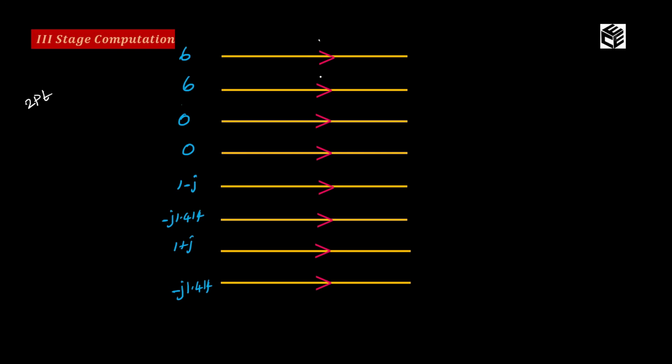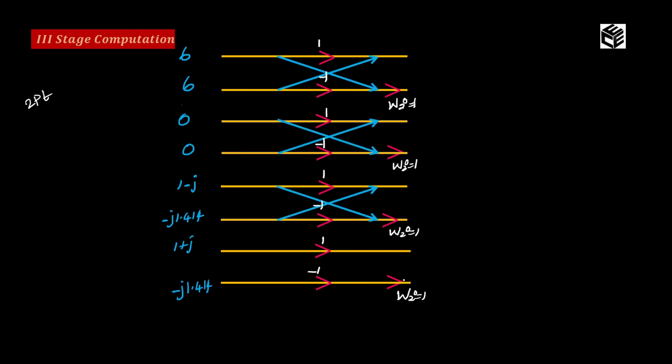So 2 point means 1 minus 1, 1 minus 1, 1 minus 1, 1 minus 1. Wherever there is minus 1, I will be giving the twiddle factor, which is W2 per 0 equal to 1. Okay. After giving the twiddle factor, I will be giving the crossed lines. So I have given crossed lines for each sets of 2-point sequence.